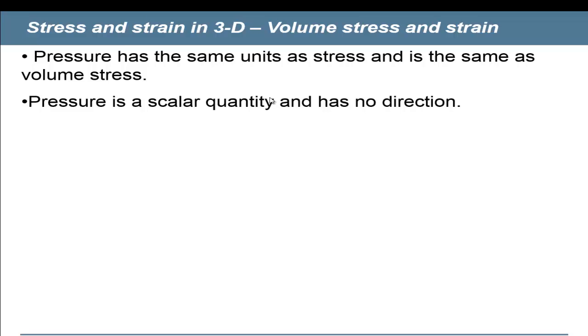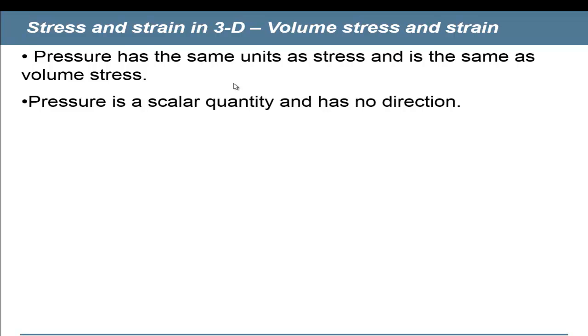Pressure is a scalar quantity, and it doesn't have any direction other than the fact that the force that creates it is always perpendicular to the surface, but the pressure itself has no direction. So the volume stress is pressure.